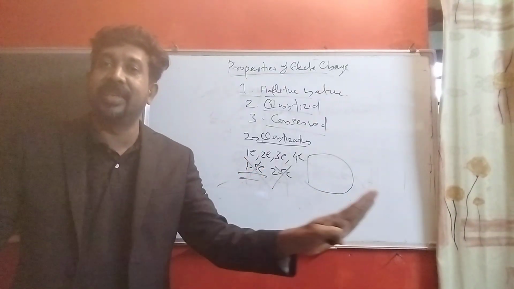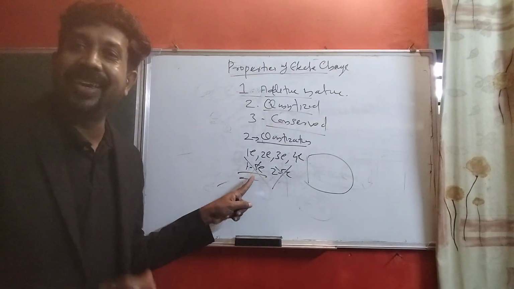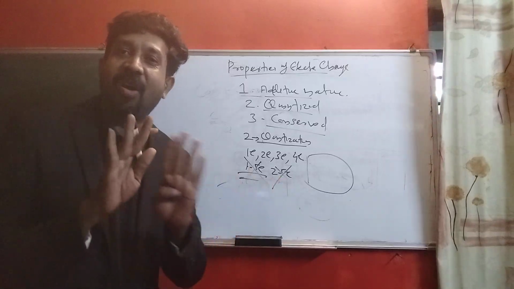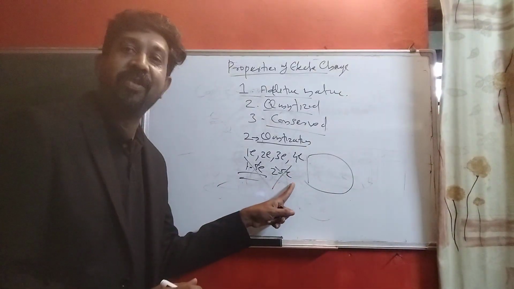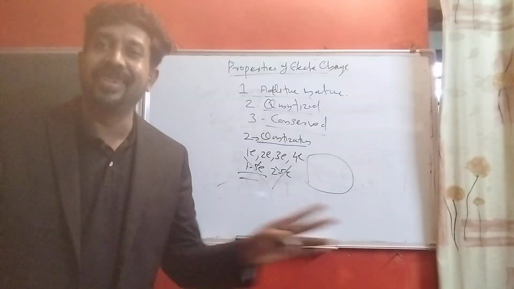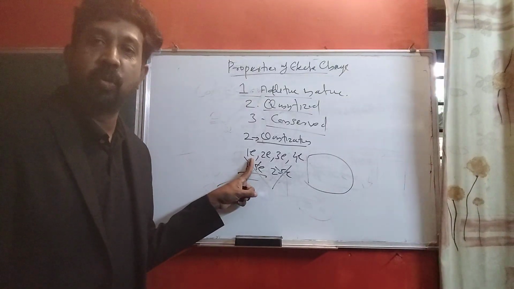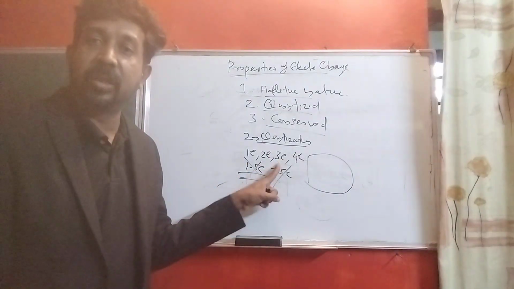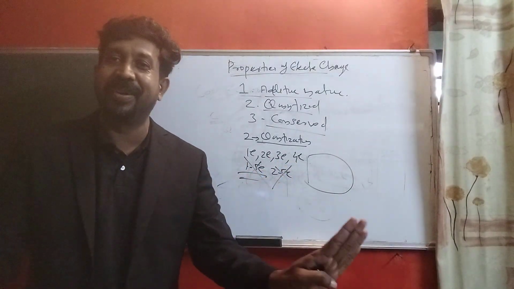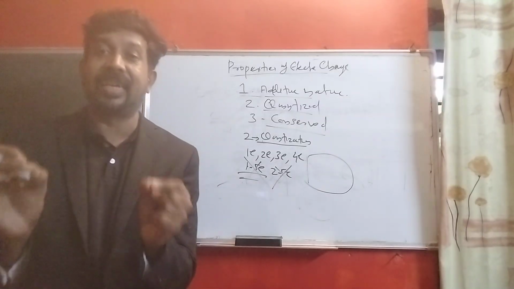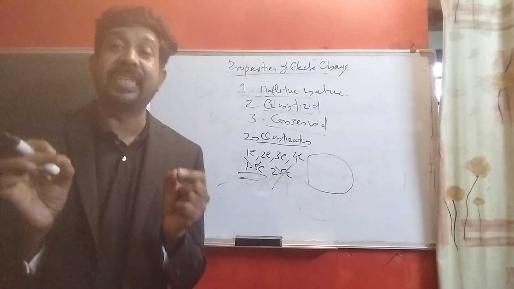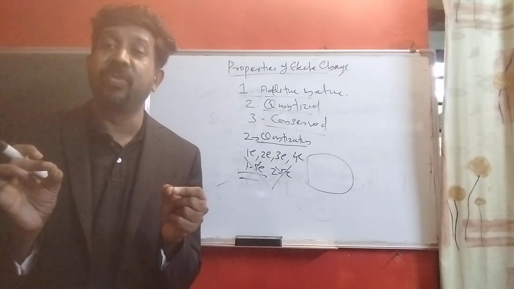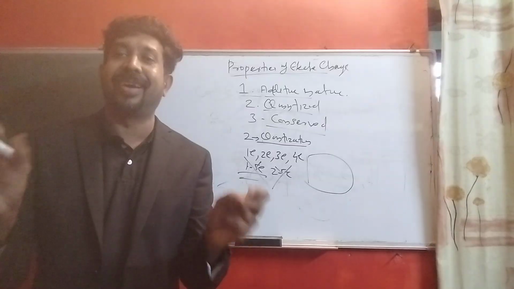That charge only exists. 1.5e does not exist. 2.5e does not exist. 3.5e does not exist. 1e charge is possible. 2e charge is possible. 3e charge is possible. 4e charge is possible. Therefore, the total charge inside a body is always an integral multiple of the unit electronic charge.